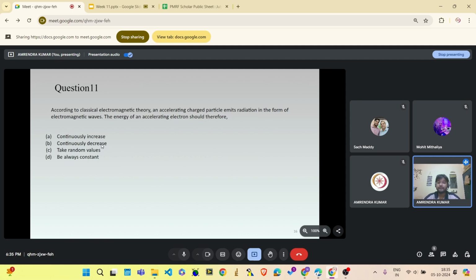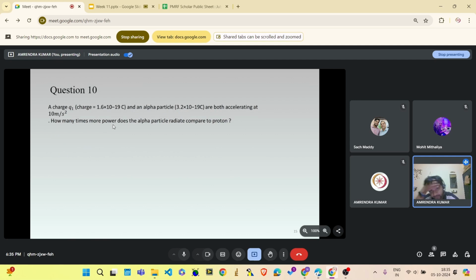The energy of an accelerating electron should therefore... So we have seen in the previous question that the alpha particle is radiating some energy, and the charged particle is also radiating some energy.